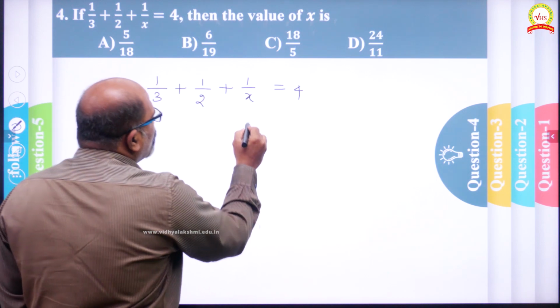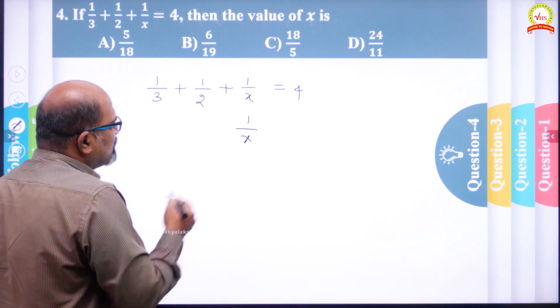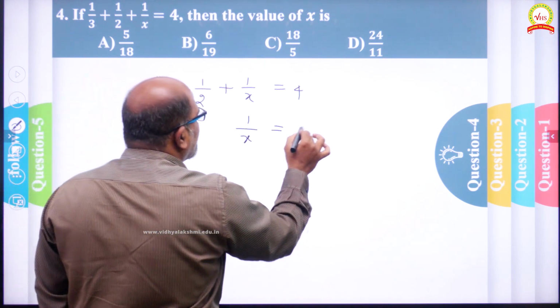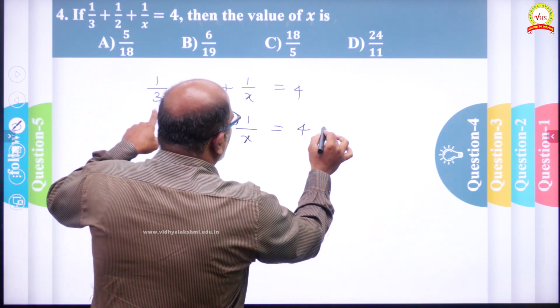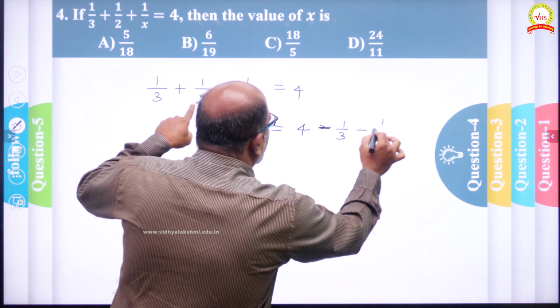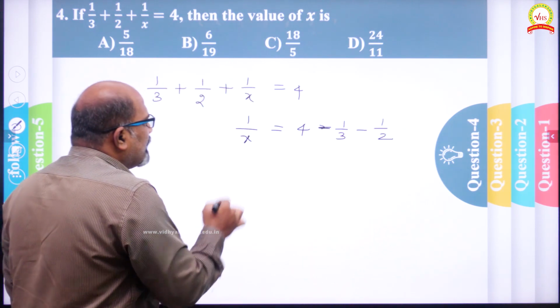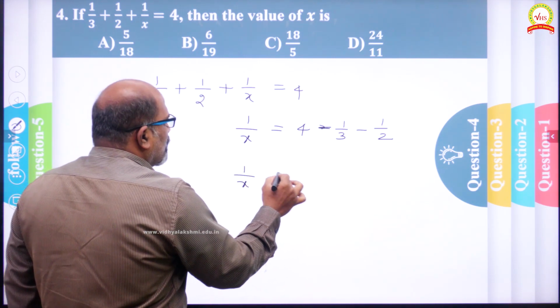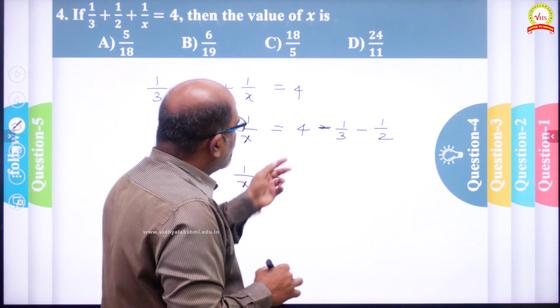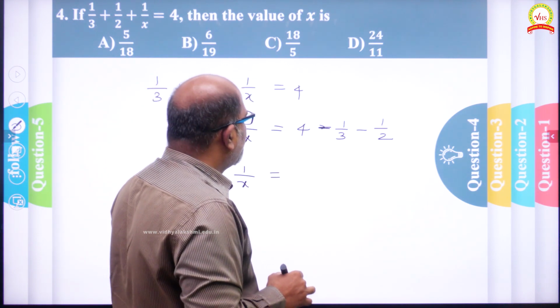So for that, what I am doing, I just keep this 1 by x on the left side and take all the remaining terms together to the right side. 4, this 1 by 3 goes as minus 1 by 3 and this 1 by 2 goes as minus 1 by 2 to the right side. Then for finding the value of x, I want to simplify this.